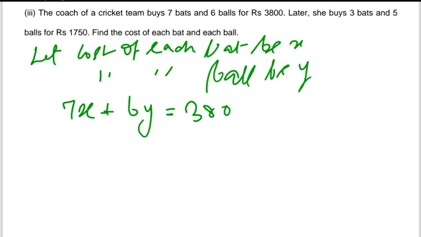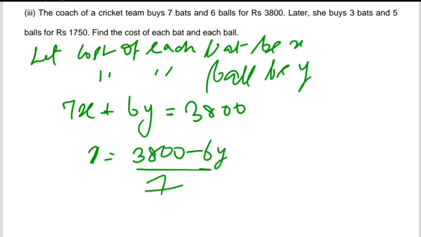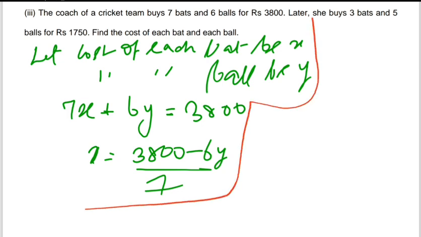This is our first equation. And let us derive x from this. So x is equal to (3,800 minus 6y) by 7. We have derived the x value from this.